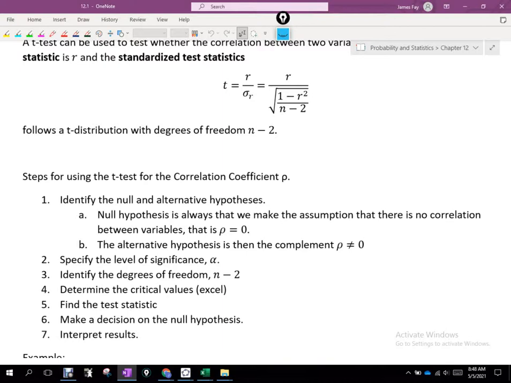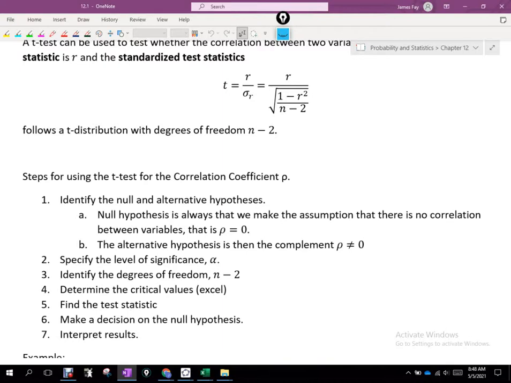They're going to be rho equals 0 as the null hypothesis, and rho not equal to 0 as the alternative hypothesis. Because the null hypothesis always makes the assumption that there is no correlation, and then I let the data determine whether there is a significant correlation or not.